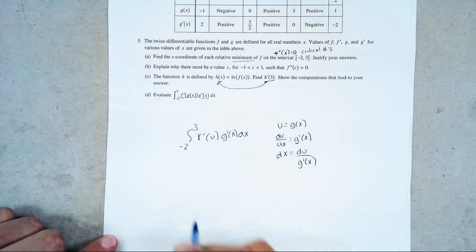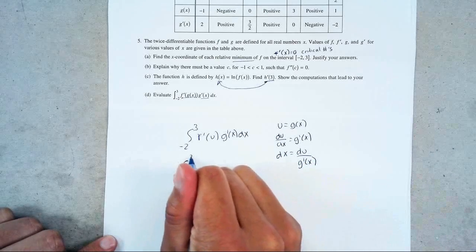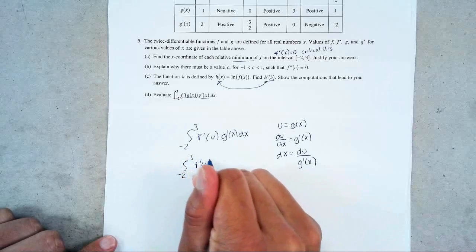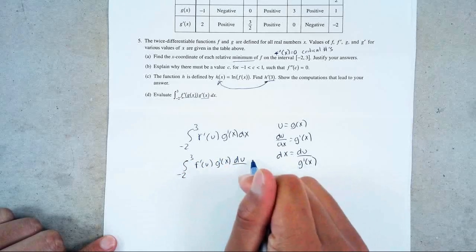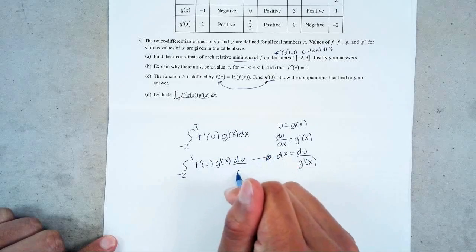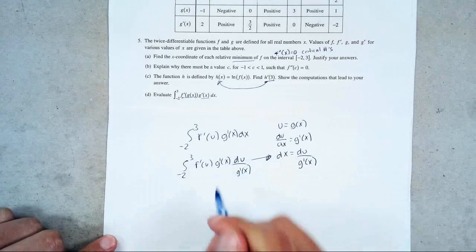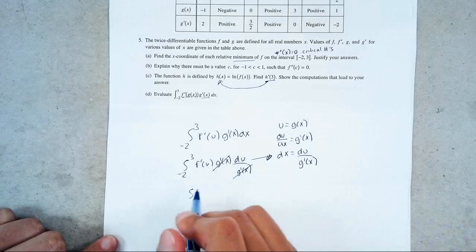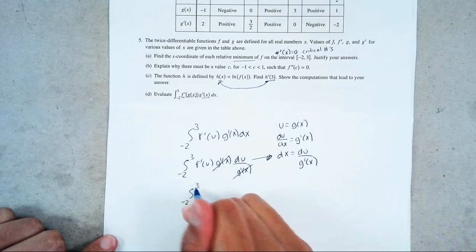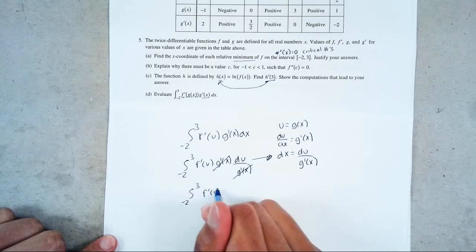And then you're going to go ahead and substitute that. Negative 2 to 3 f prime of u, g prime of x, substitute dx for du, which you found over here, over g prime of x. And you know you did it right because these g primes cancel out, which leaves you with negative 2 to 3 of f prime of u du.